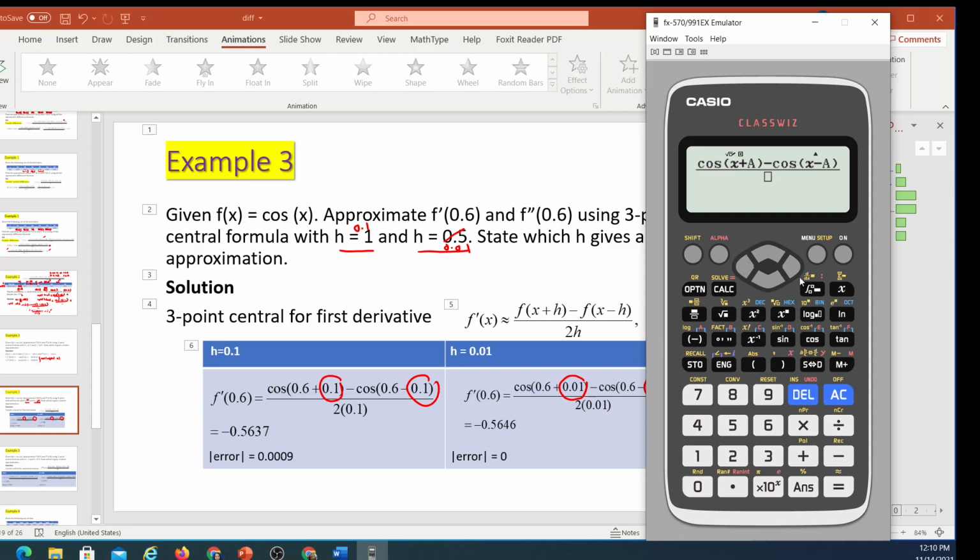This is cos(x plus a), where h is represented using a, and then minus f(x minus h), which is cos(x minus a), divided by 2a. You estimate the first derivative at 0.6, so x is 0.6, and the first case of h is 0.1.